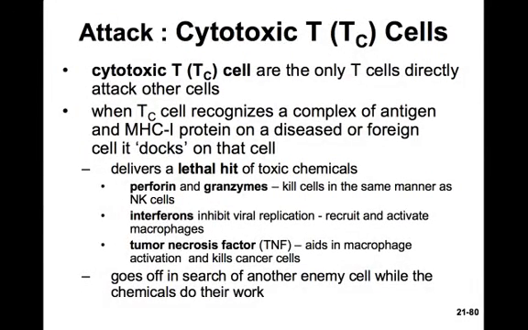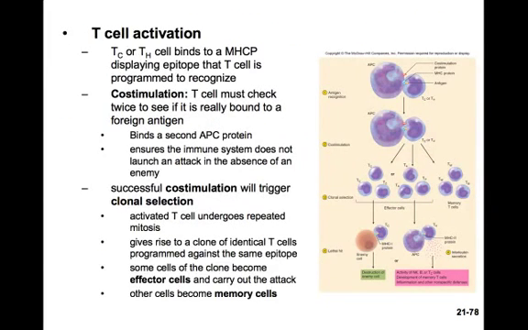So now let's look at how the cytotoxic T cells actually directly attack and kill other cells. When the cytotoxic T cell recognizes the complex of antigen and MHC1 protein on a diseased or foreign cell, it docks on that cell. So let's review. The cell has produced a lot of MHC proteins. The MHC proteins migrate through the cytoplasm to get implanted in the membrane.